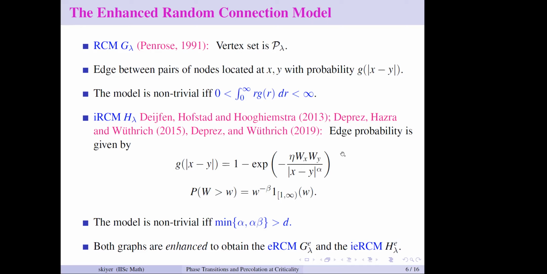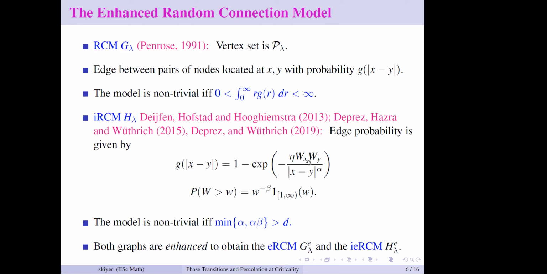Let's call it W_x, the weight at vertex x. The vertex weights have a Pareto distribution. The weights are always greater than 1, and they have this kind of heavy tail distribution.